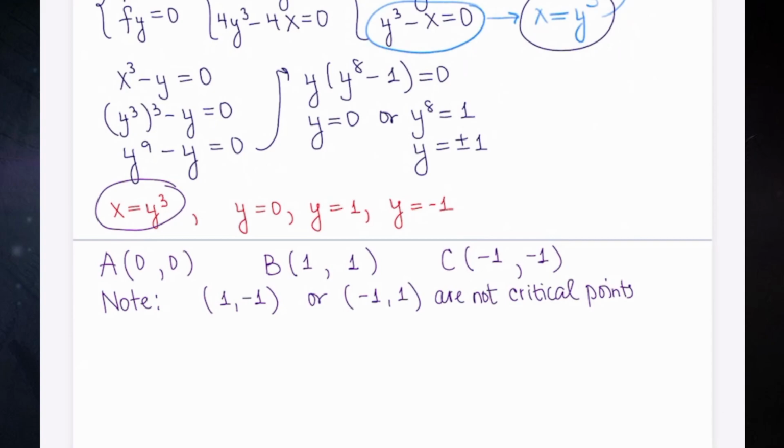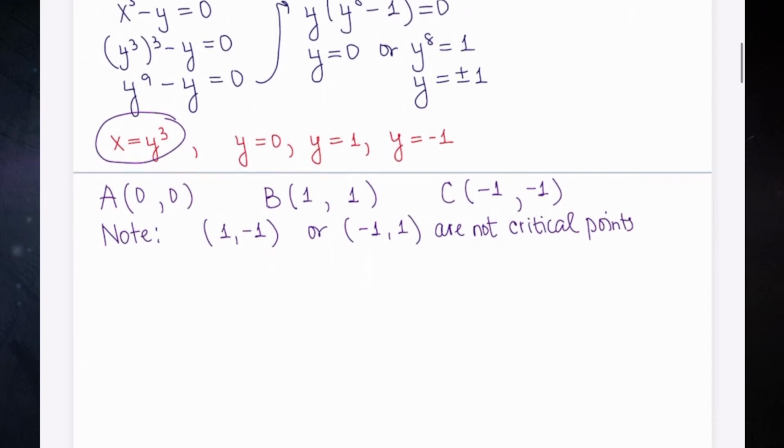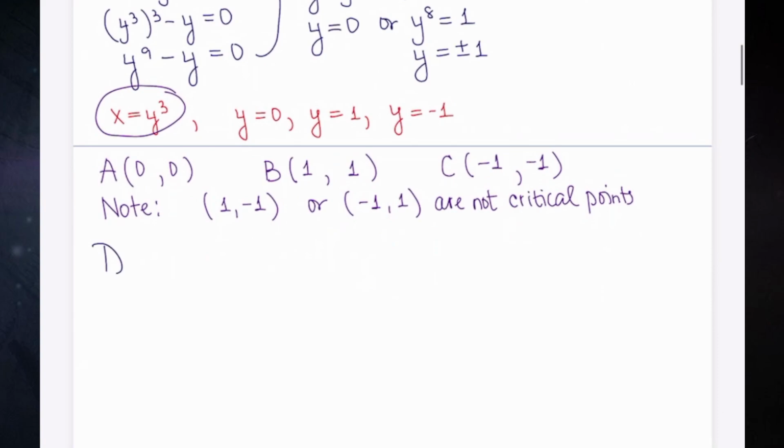Okay, so now what is the second step here? We need to classify them, right? So what is our discriminant? Okay, I'm gonna let you confirm that once you follow this formula, f second derivative with respect to x times second derivative with respect to y minus our mixed derivative squared.